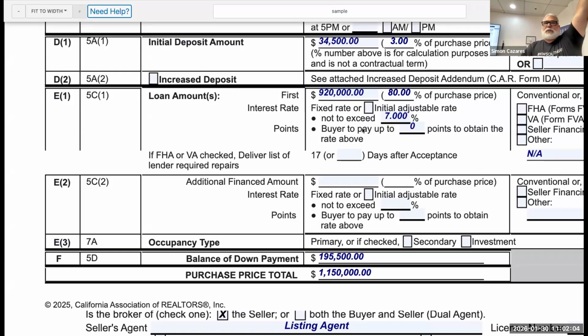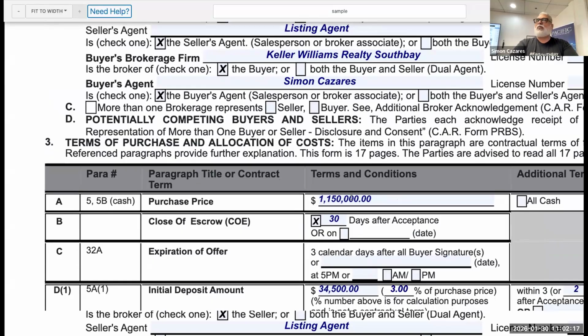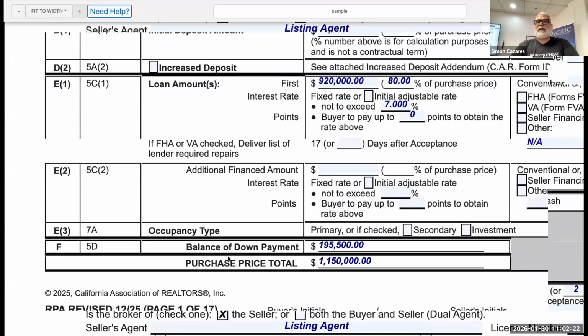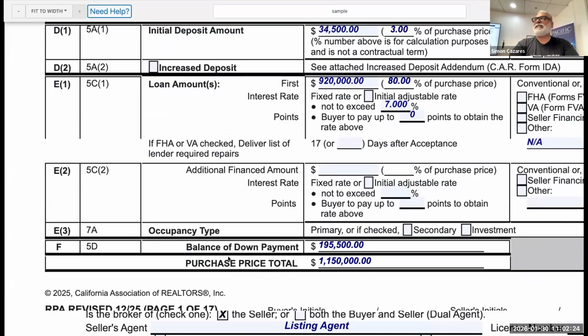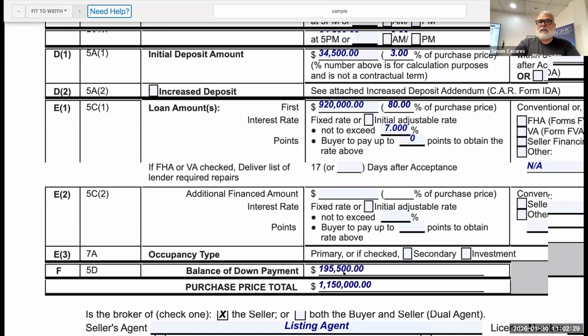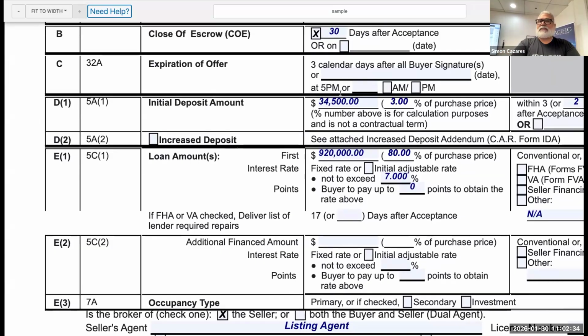Now, the number on top, the purchase price, and the number on the very bottom, purchase price total, should be the same. If this number here does not match this number here, then your arithmetic is off. Somewhere in here is off. Okay. And it says that the balance of the down payment to bring to the table is 195,500, meaning that this plus your initial deposit, 34,500, should add up to 20% of the down payment.